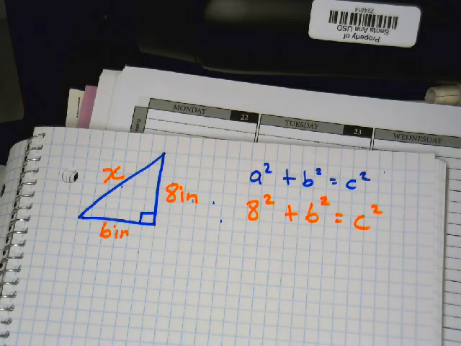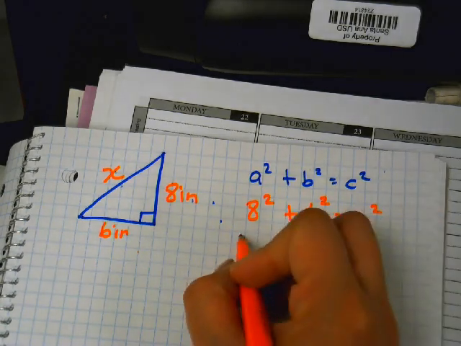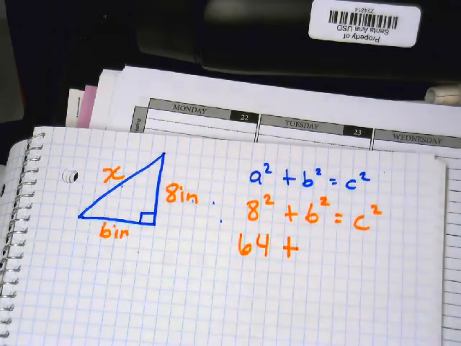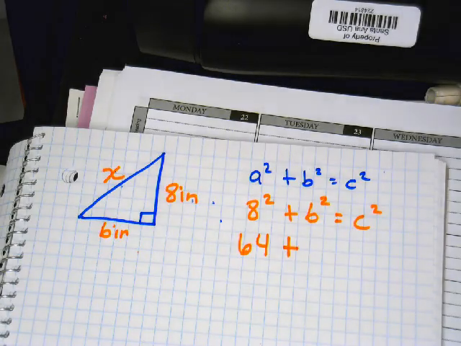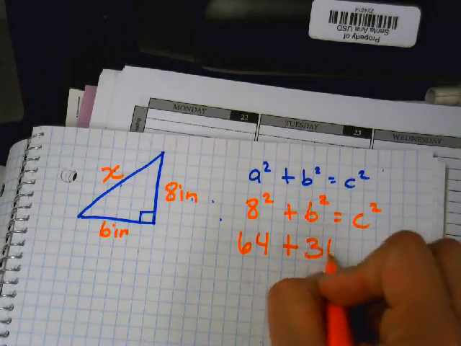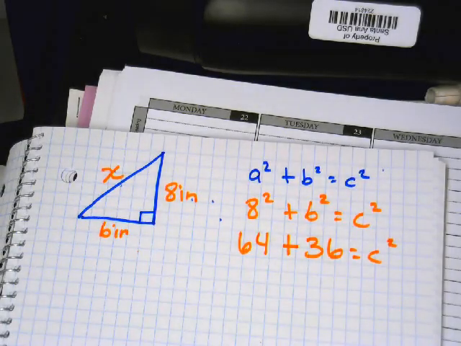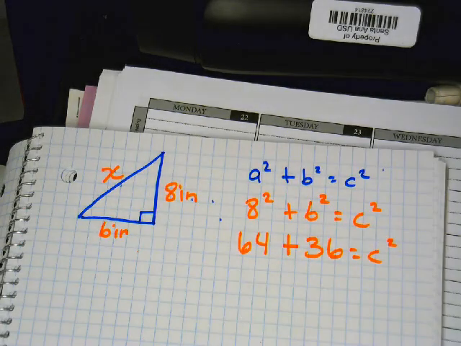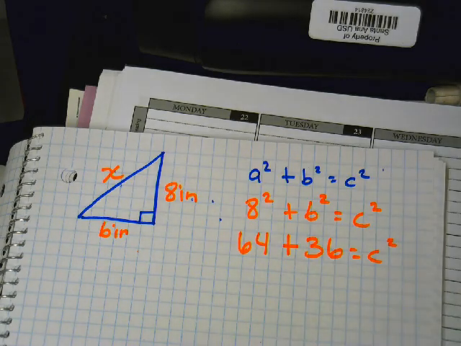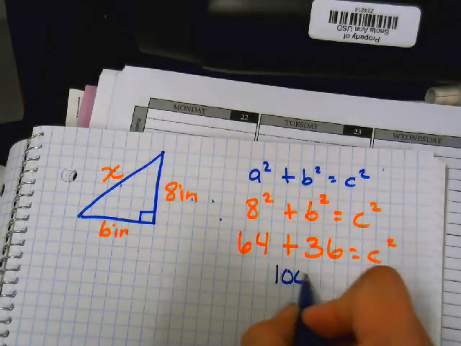So what's 8 squared? 64. What's 6 squared? 36. So what's 64 plus 36? 100 is equal to c squared.